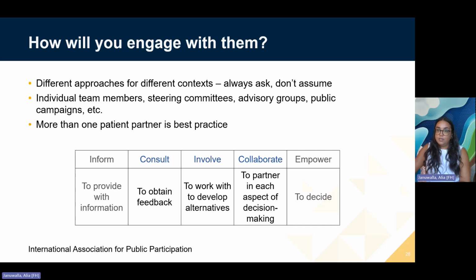It's also helpful to consider this scale of engagement levels from the International Association for Public Participation. The scale goes from inform, which is the lowest level of engagement, to empower, which is the highest level of engagement. None of these categories are better or worse than the other, and they can all be useful in different contexts.